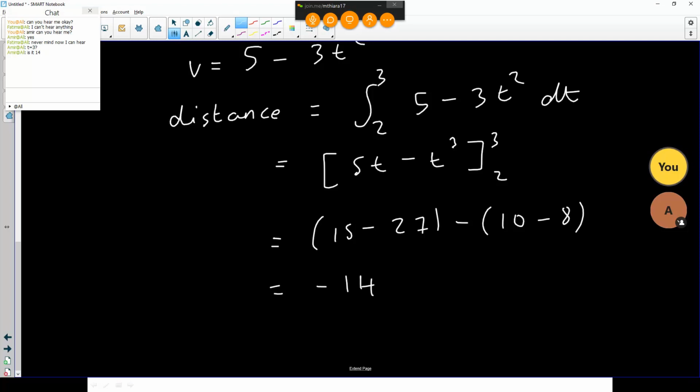Right, but we just want the area underneath the velocity time graph. We are not concerned with whether it's positive or negative, because we want the distance travelled, and therefore the distance travelled is going to be 14 meters in the third second. Okay, are there any questions about this?